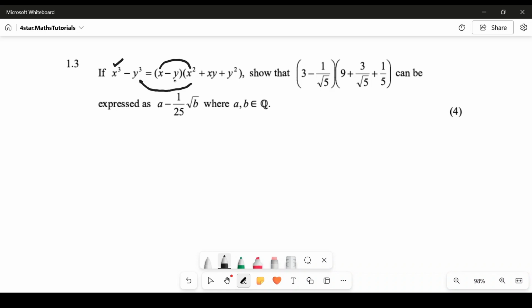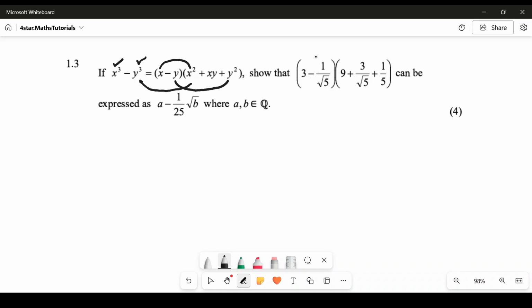Then the second term of the first factor with the last term of the second factor, we get negative y cubed. So they are giving us this deliberately so that we can use it to find the product of this one.